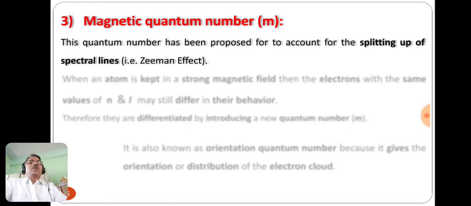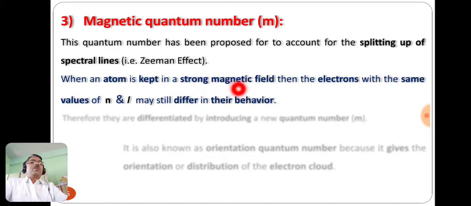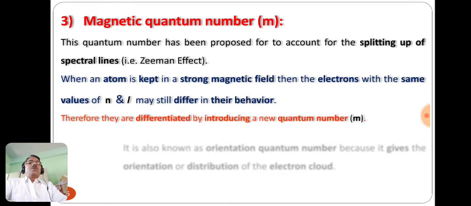as the Zeeman effect. And when an atom is kept in a strong magnetic field, then electrons with the same values of principal quantum number n and azimuthal quantum number l may still differ in their behavior, and therefore they are differentiated by introducing a new quantum number, which is known as the magnetic quantum number, denoted by the letter small m.